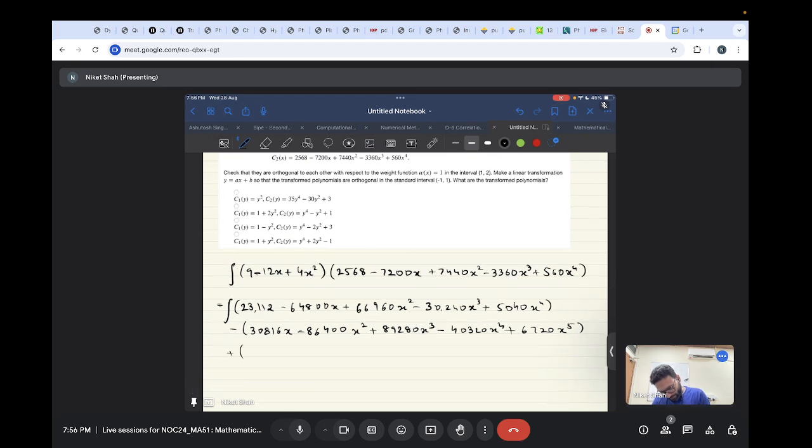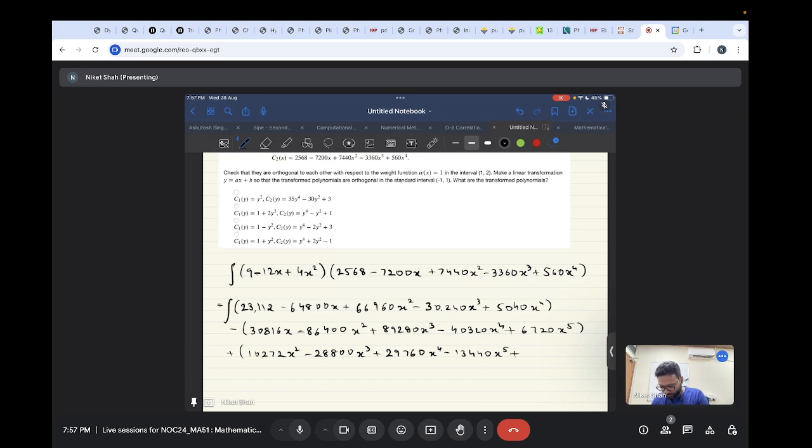Plus 568 into 4, 10,272 x square, minus 7200 into 4, 28,800 x cube, x power 4, 13,440 x power 5.